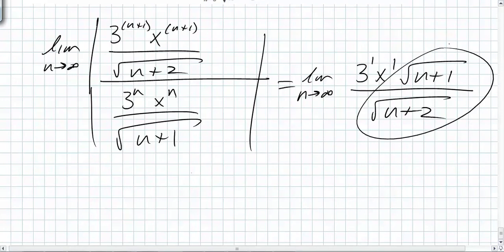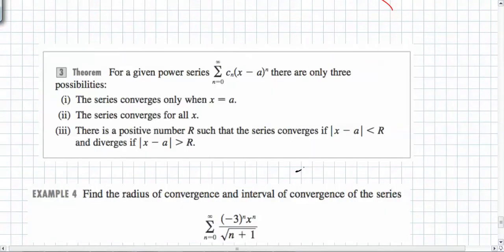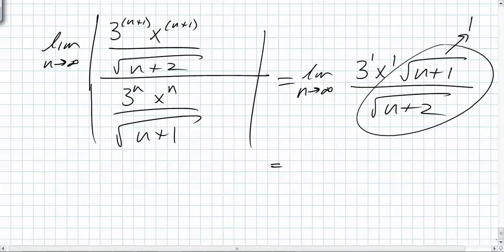So what does this go to as n goes to infinity? I think it goes to 1, right? Yeah, sure. We're tired. We don't really want to think about it too deeply. So we think that the limit as n goes to infinity is 3x.